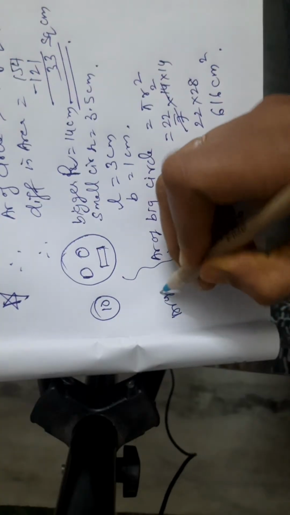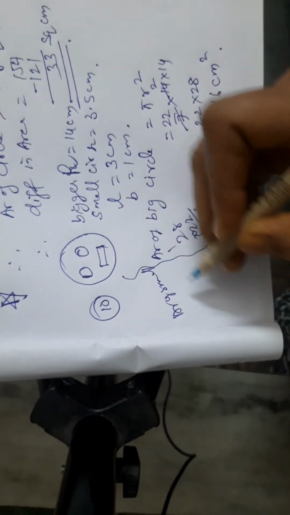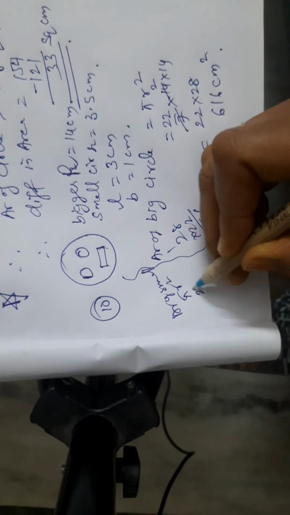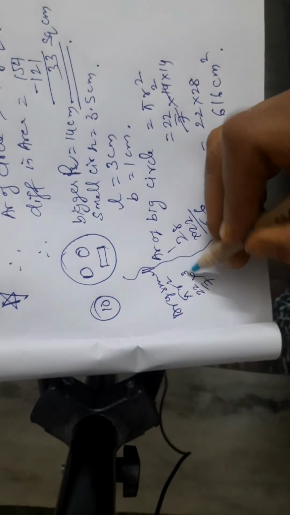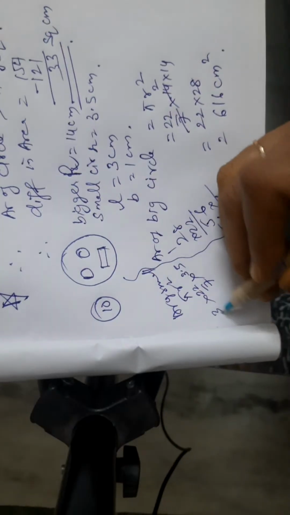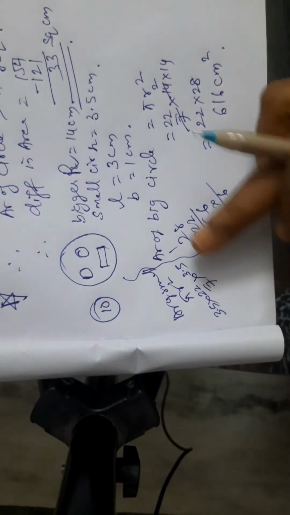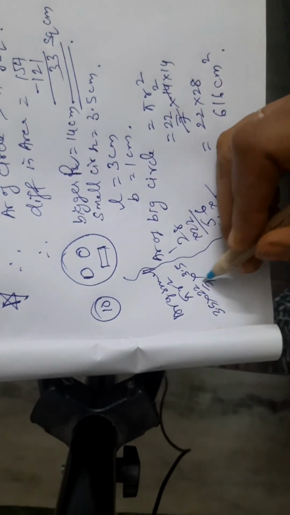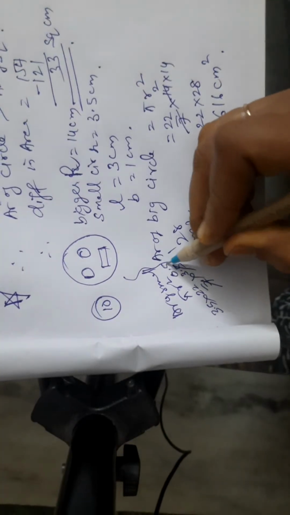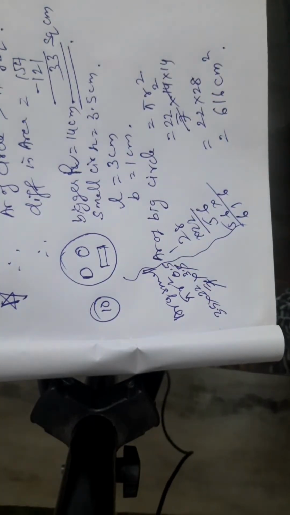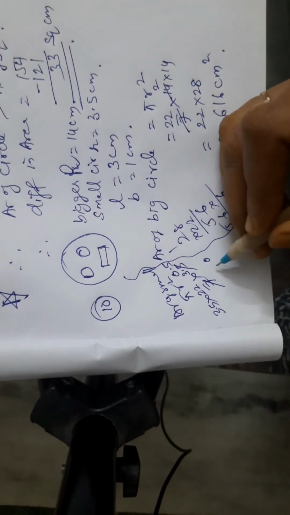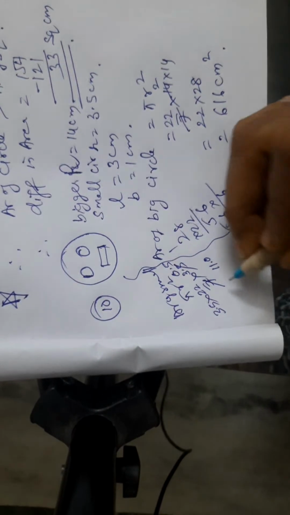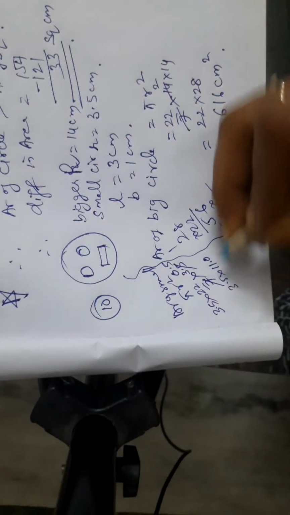Now the area of the small circle to be calculated. Area of small, so it's pi r square. Pi is 22 by 7. For the smaller circle, radius is 3.5. As radius square is there, 3.5 is taken twice. So it is 0.5. Now 22 multiplied by 5, 11 multiplied by 3.5.